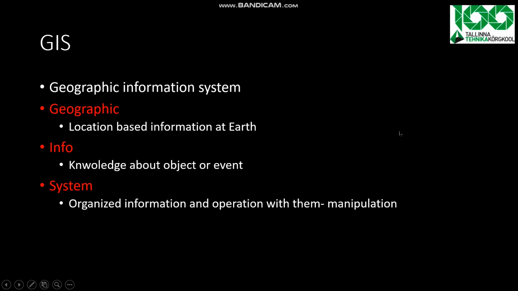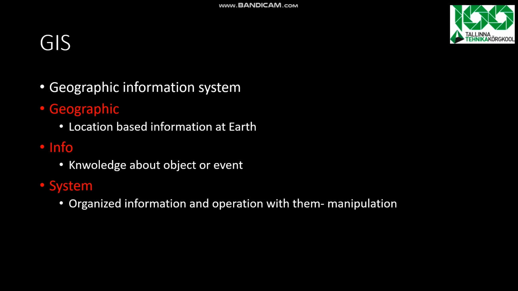So the next thing is about GIS. GIS is Geographic Information System, and I tried to define it somehow. Let's take those words one by one. Geographic means location-based information on Earth. That means we almost always have some kind of location, and we use coordinates to refer to locations on the Earth.